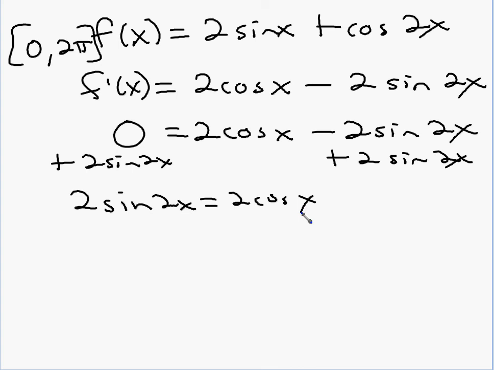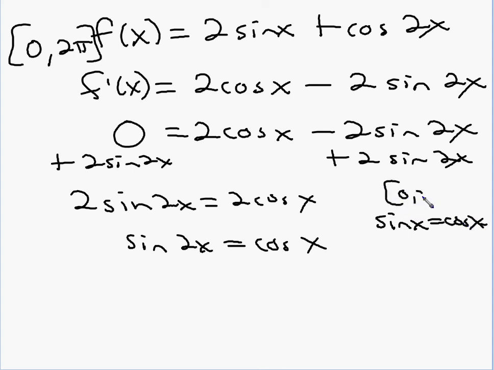And you could divide both sides by 2, and now you've got the sine of 2x equals the cosine of x. And so you could say, where are sine and cosine the same? There are places where that's true. Where are sine and cosine the same on the interval 0 to 2 pi?